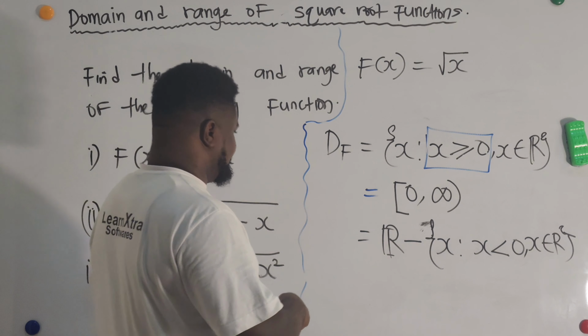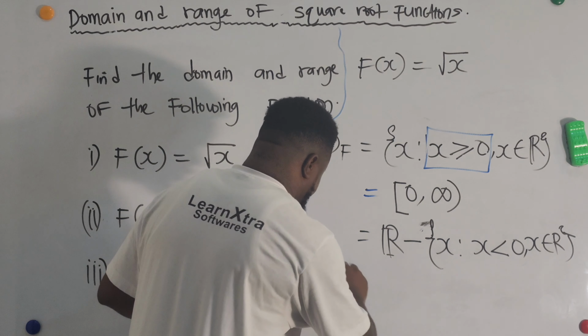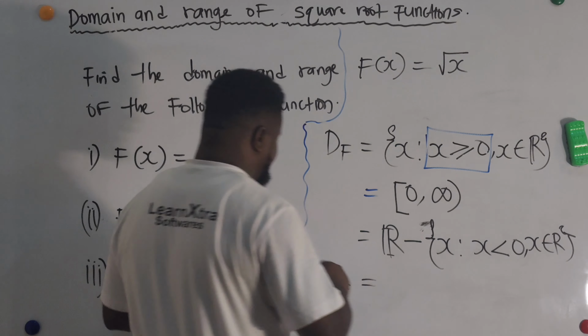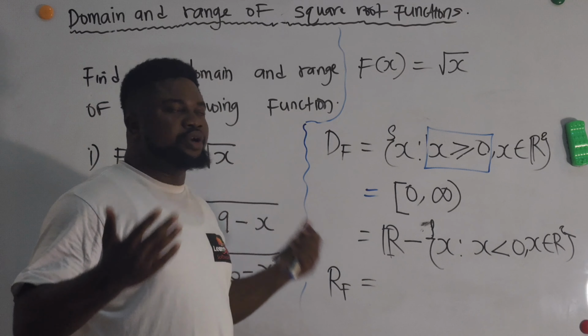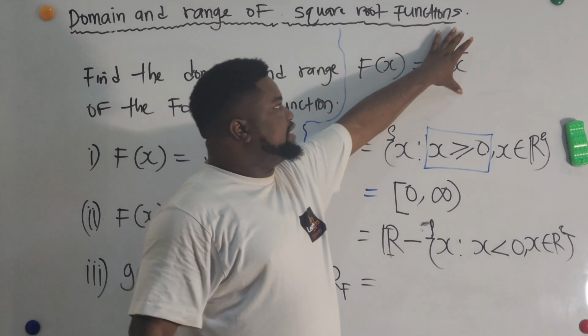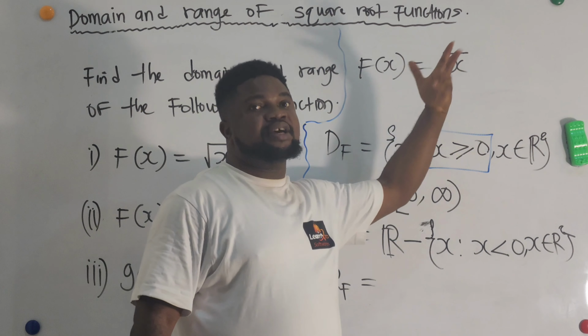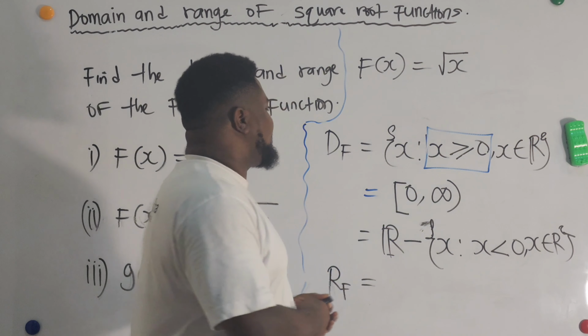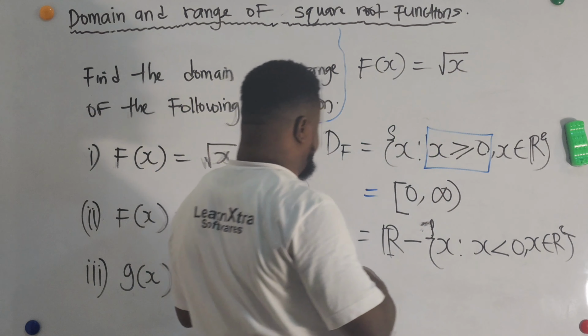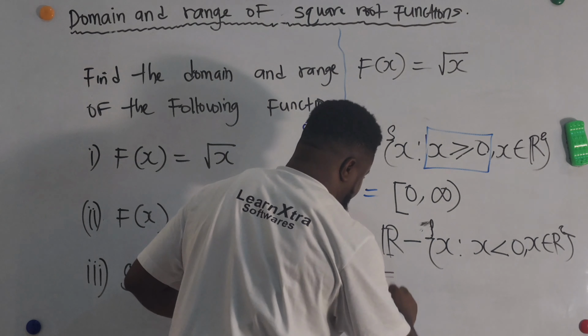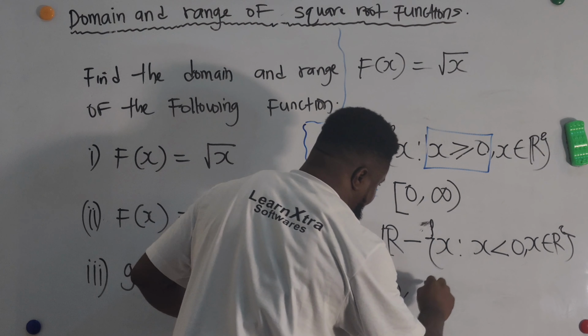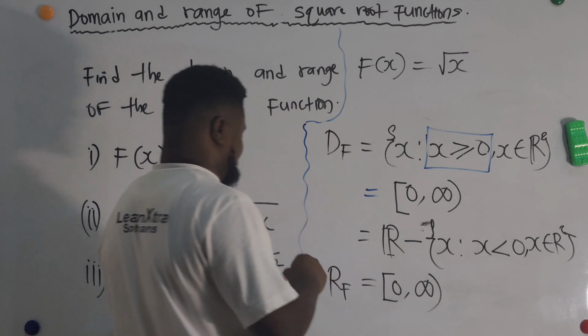Now the range, R sub f, is equal to... for square root functions, the output can never be negative. The output is always non-negative. That's why our range here is going to be from 0 to infinity.